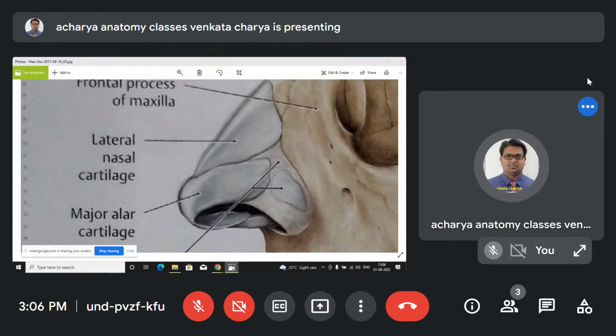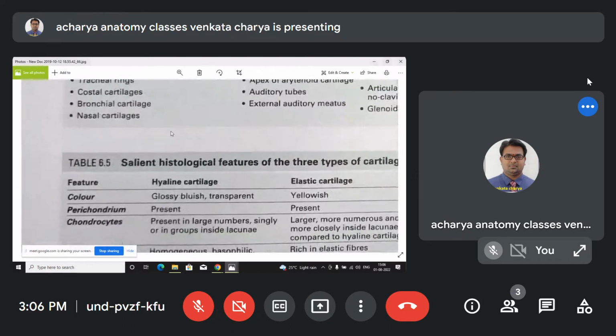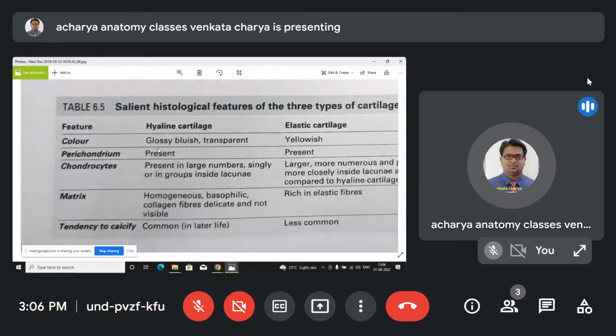Next, the hyaline cartilage color is a grayish blue, a glossy bluish color, transparent.